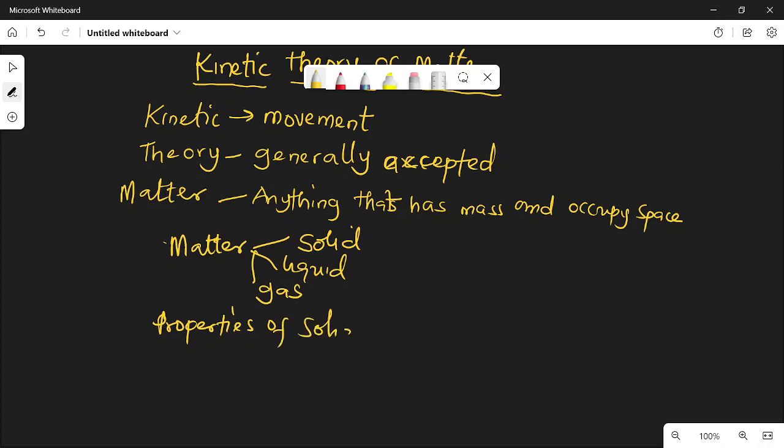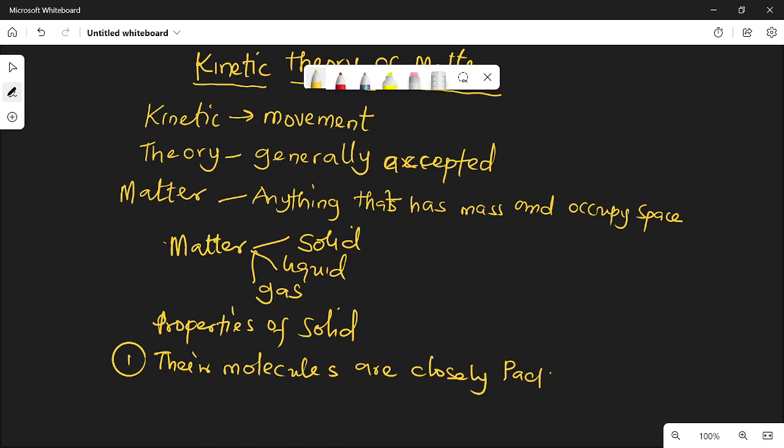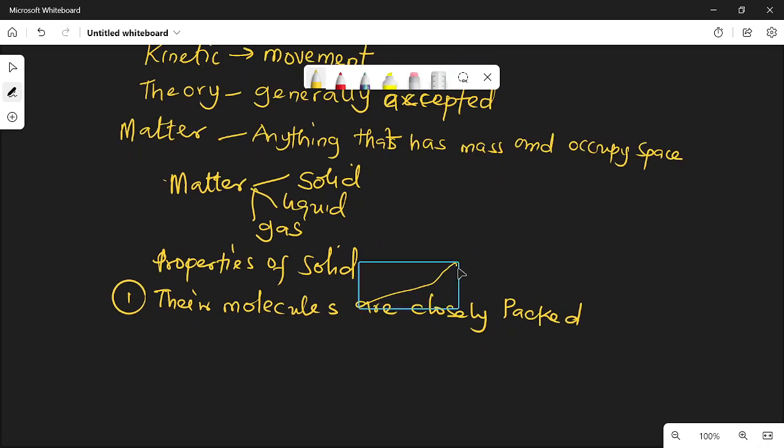We say one, their molecules are closely packed. The molecules of solid are closely packed. I want to believe we are together.